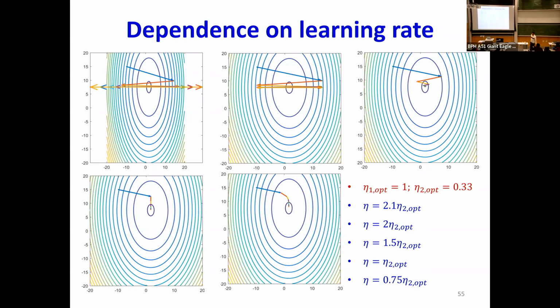So now if I have a step size which is greater than 2 times 0.33, let's say a step size of 0.67, which is greater than twice 0.33. Is it still good for x1? Yes. For x1, it is still good, but for x2, it is bad, right?